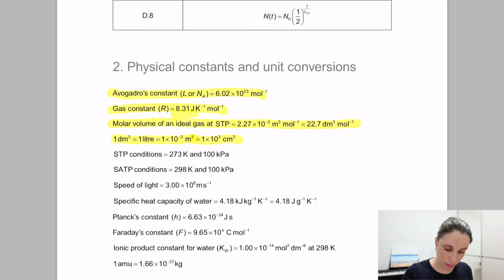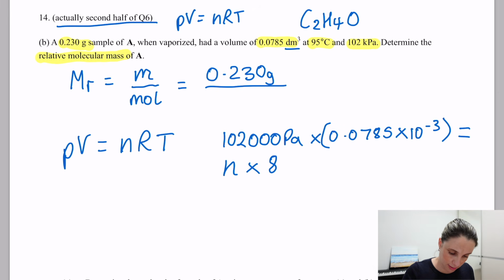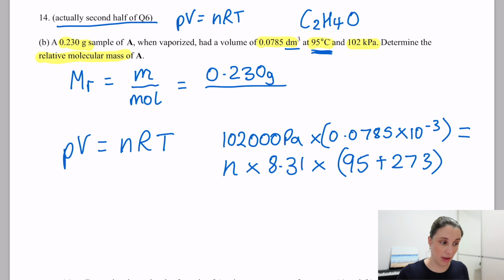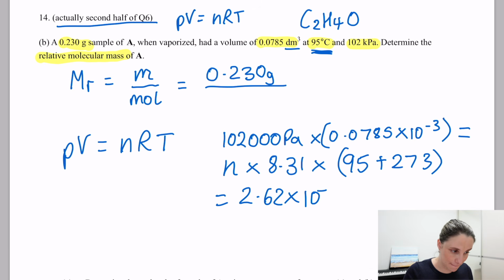I'm going to take that 8.31, and then T, which is the temperature, and they gave me 95, but it's in degrees centigrade, so I'm going to need to add 273 to get that into Kelvin, okay? If you put all of that into your calculator, you'll get a value for the moles of 2.62 times 10 to the minus 3 moles.